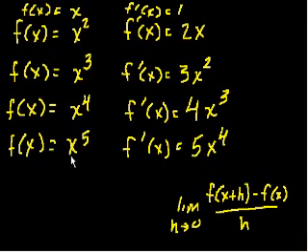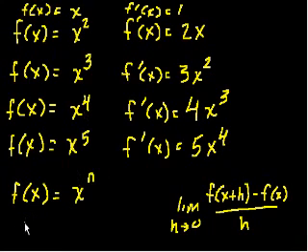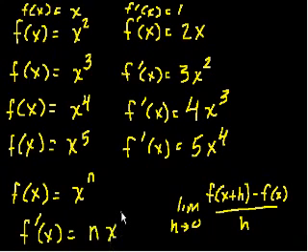So in general, for any expression, within a polynomial, or any degree x to whatever power, let's say f of x is equal to x to the n, where n could be any exponent, then f prime of x is equal to n x to the n minus 1.